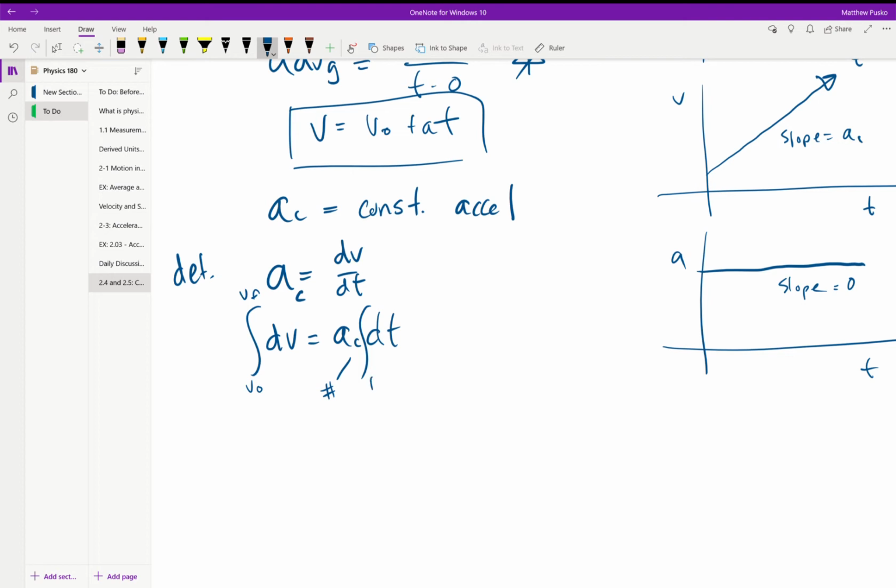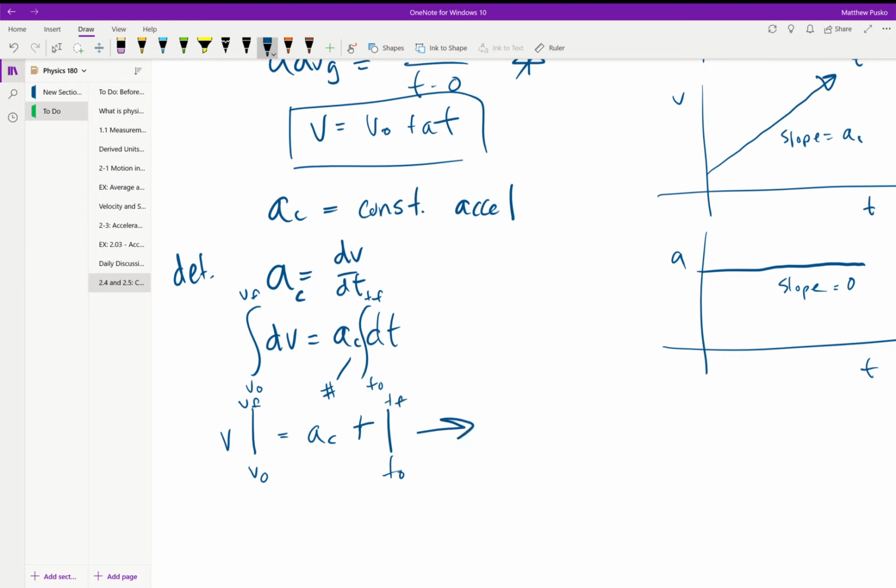Let's integrate this from t naught to t final. Well, this one will give me v evaluated from v naught to v final. And this one will give me the constant acceleration times t, and we have to evaluate t from t naught to t final.